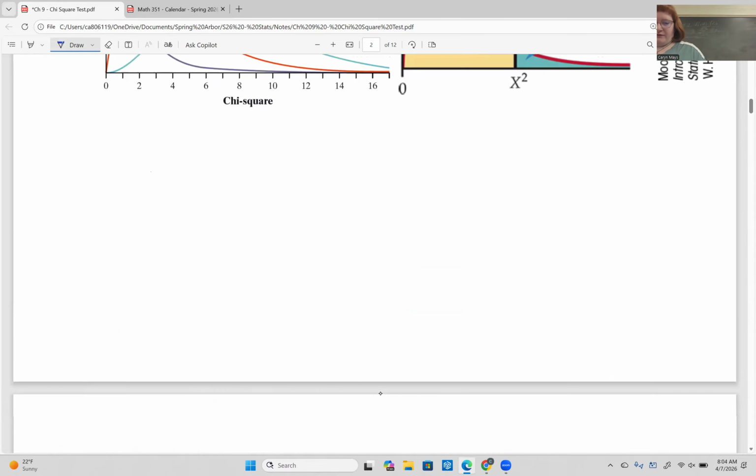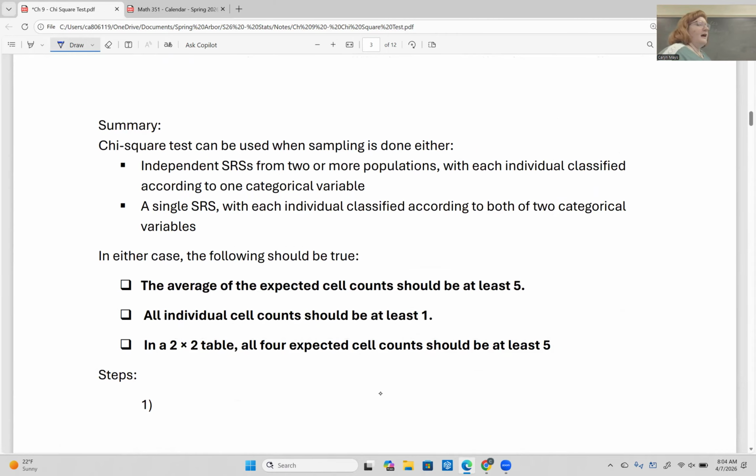So, quick summary before an example. The chi-square test can be used when we're trying to see if simple random samples are independent within their two or more populations, or if I take a single random sample with each individual classified according to both of the two categorical variables.